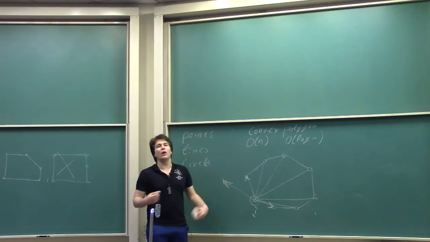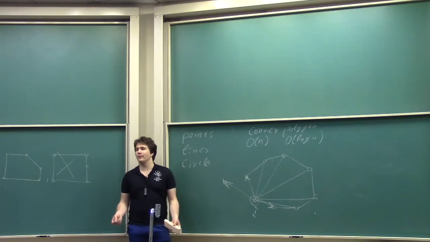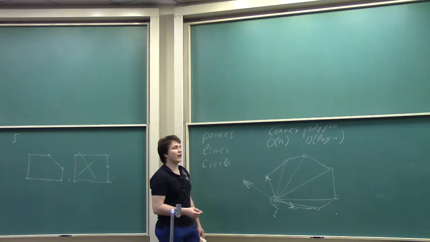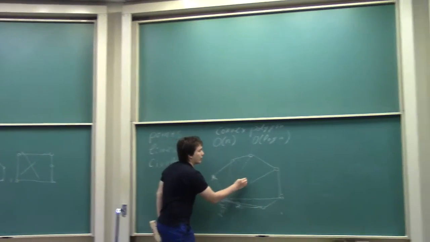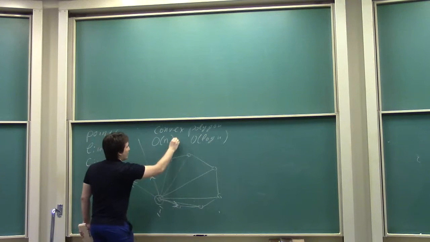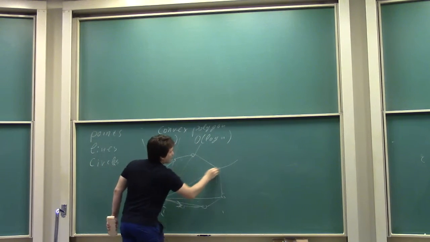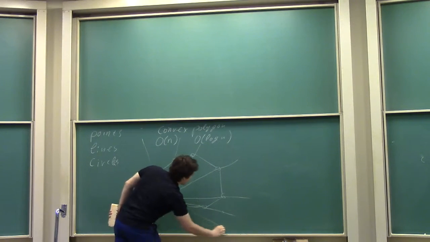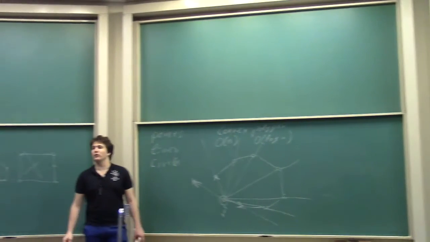If it's not, then obviously the point is outside. Now, if the point is inside, you need to find which particular region it goes to. Actually, these are regions. You split the plane in two. And you need to find the particular one the point goes to.